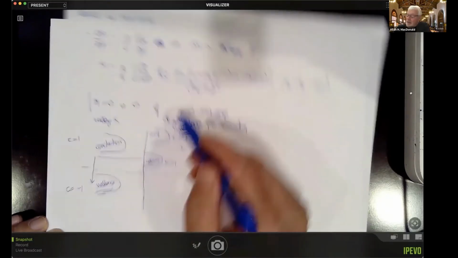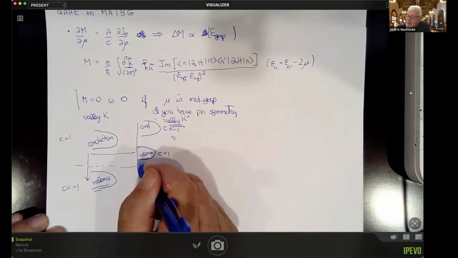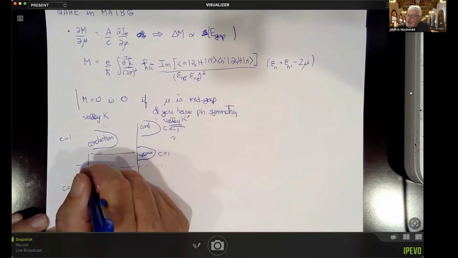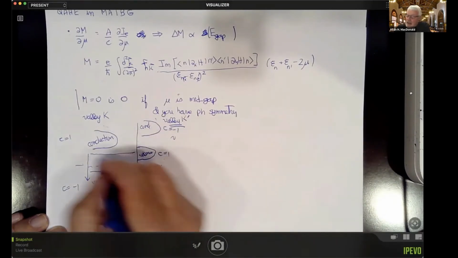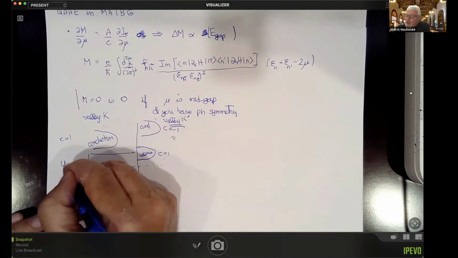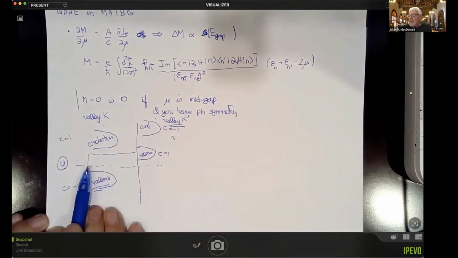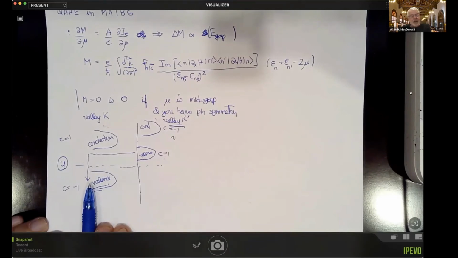And in the region that's actually in the gap, though, the exchange splitting, let me just call it U, the amount by which the energy of the occupied valley is lowered by exchange in some mean field description, matters.